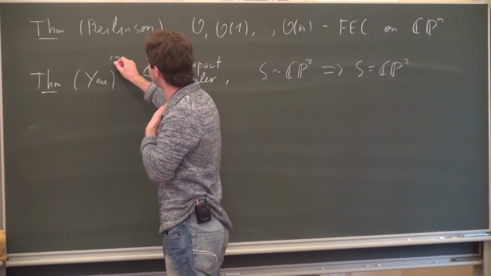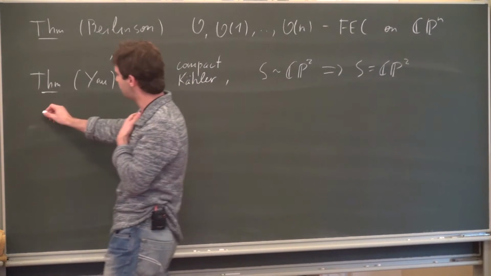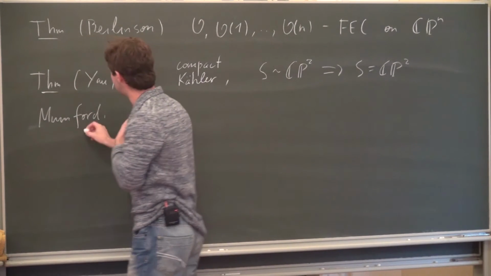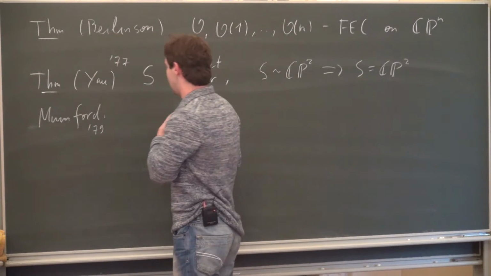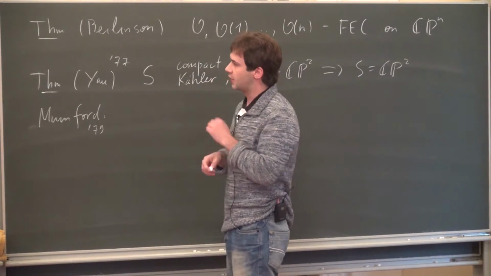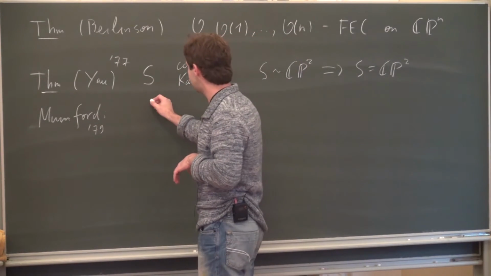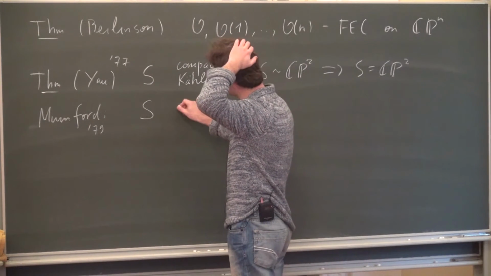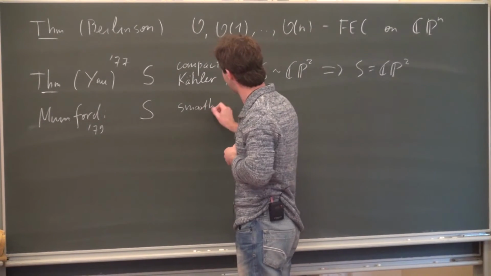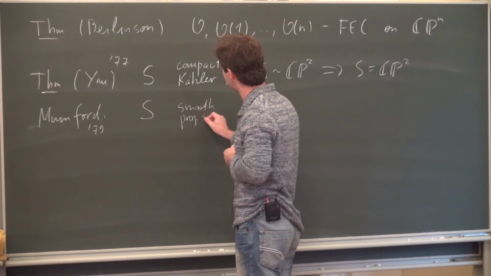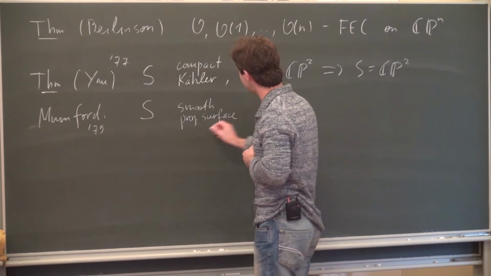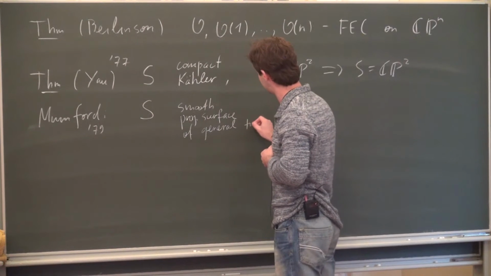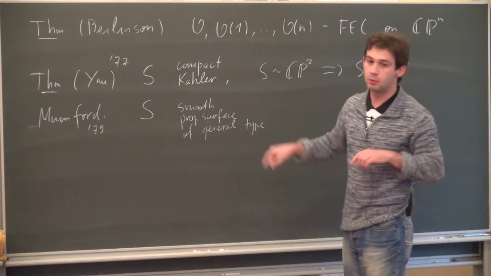this was maybe 77 or 78, and then Mumford gave an example, maybe in 79 or so. He constructed a surface which gets to CP2 as close as possible. So S is a smooth projective surface of general type which has the same cohomology as CP2.